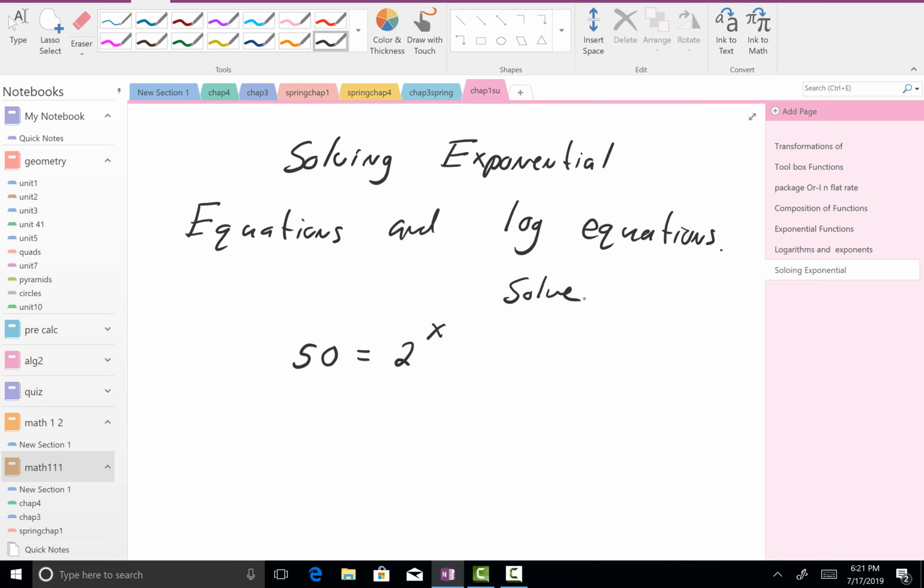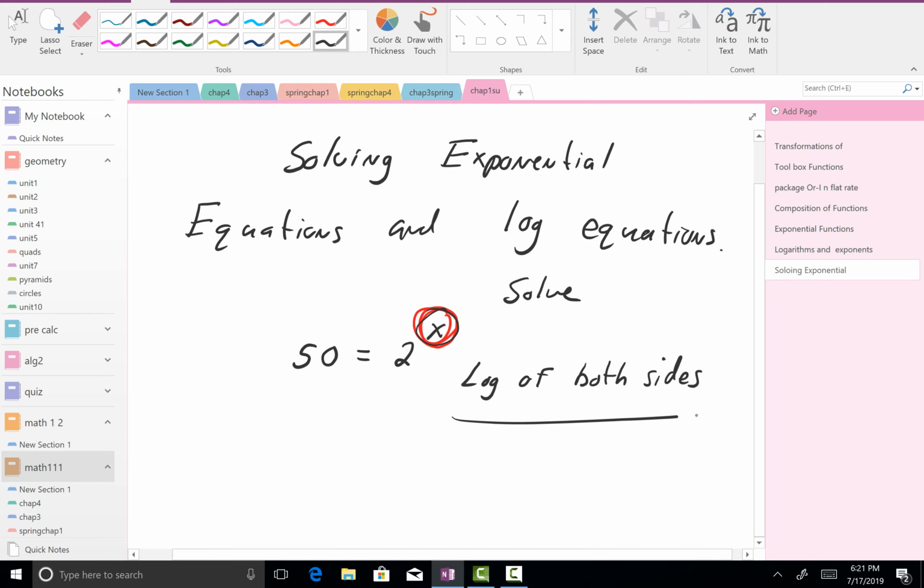That's how you can do it. But you can also use this idea where you're going to take the log of both sides. So basically, whenever you have an x here in the exponent, that's when you want to use this technique.